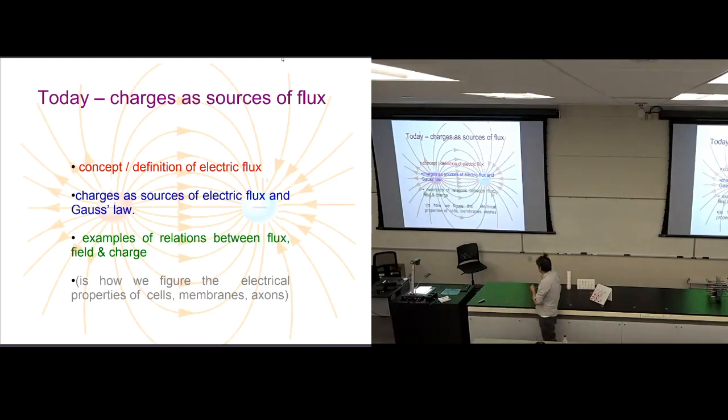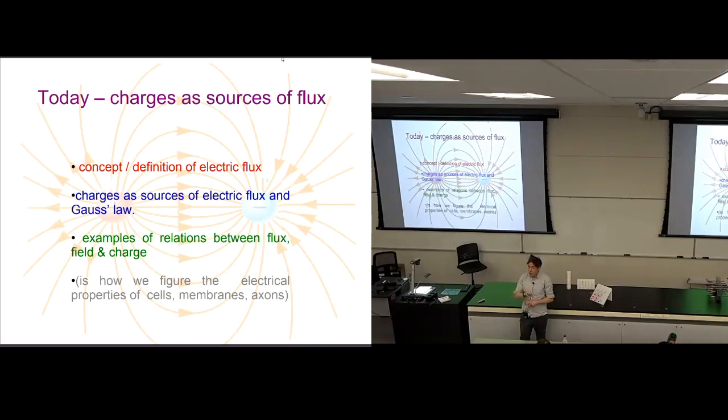I'm going to go through these three bullets here. One is to introduce the concept, the idea, and the definition of electrical flux. We'll do it in terms of its connection to electrical field. The second bullet is to introduce Gauss's law for electrical flux.